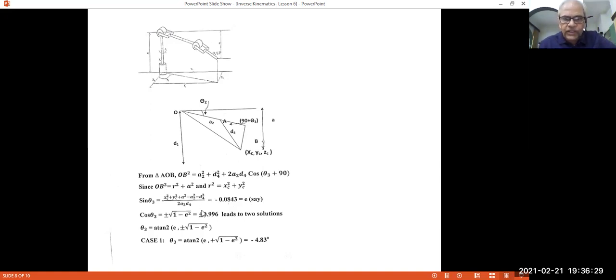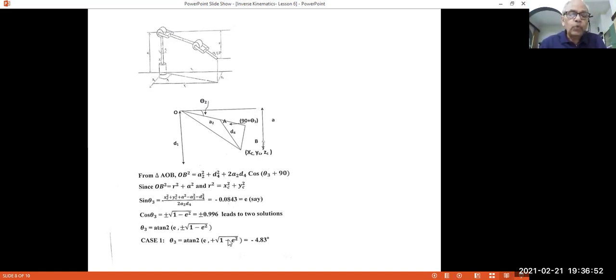Anyway, this exercise is done. First case, sine theta 3. In the first case, from this triangle, you get sine theta 3. If it is some E, we get cos theta 3 is plus or minus root of 1 minus a square. So already you can see two possible solutions because of these two possibilities.